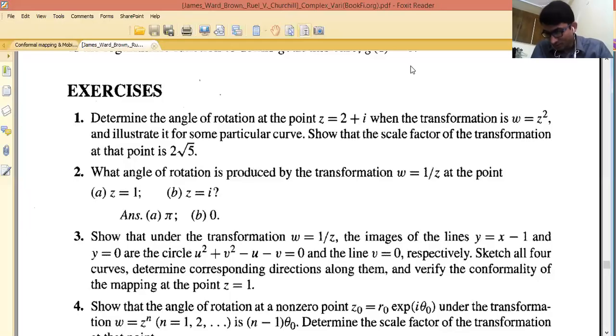The distance of the point z1 on C1 from the point z2 is magnified by the magnitude of the derivative at z naught.